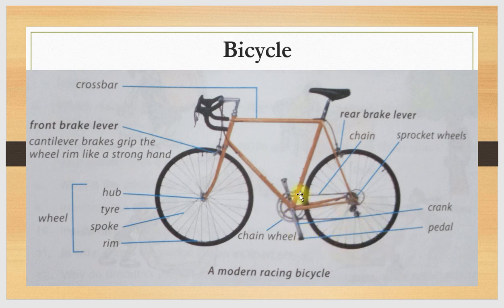You can see this is the chain wheel and this is attached to the back wheel. So the force is being carried to the back wheel. On a simple bike, the back wheel turns several times for each turn of the pedals. On many cycles, you can make pedaling easier by changing the gear. You can change the gear as well.